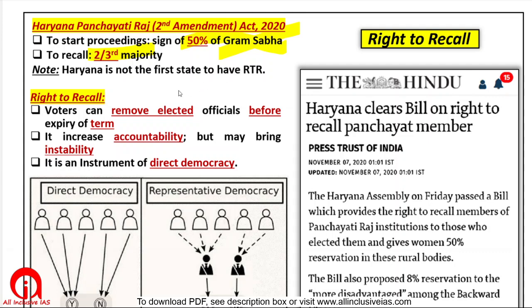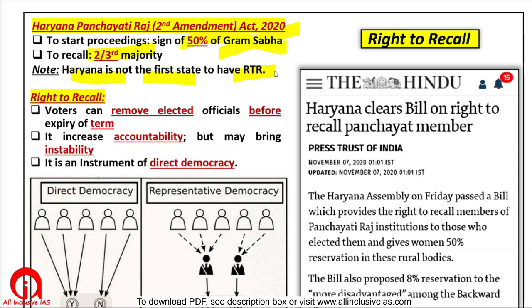Now what you have to remember for prelims is that Haryana is not the first state to have the right to recall. Already many states in our country like Madhya Pradesh, Rajasthan, Bihar, Chhattisgarh, so many states have this right to recall in some form or the other, but that is for their local representatives, panchayats or municipalities.